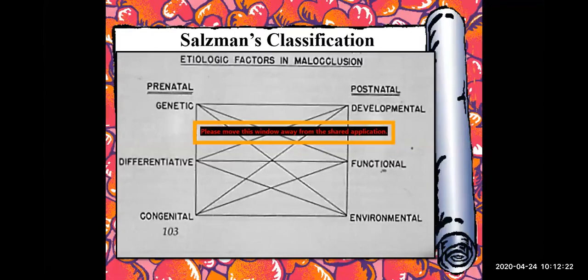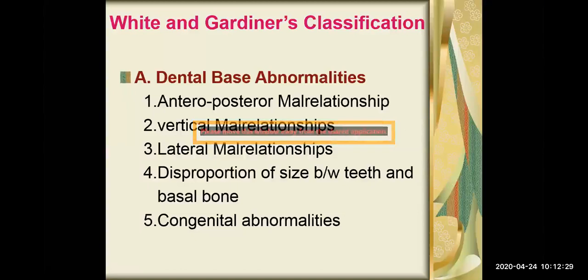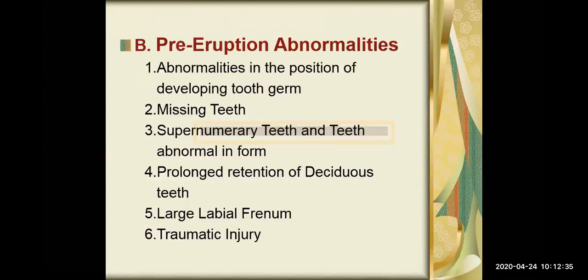White and Gardner has given a different classification, but this need not be remembered by you. It is based on the dental base abnormalities, pre and post eruption. He has divided it like this.